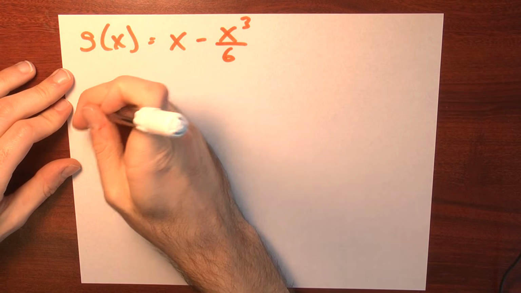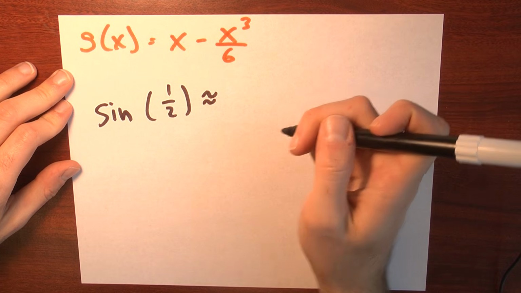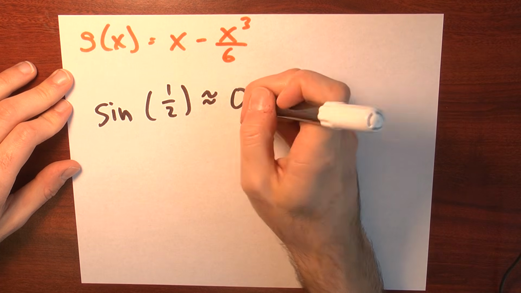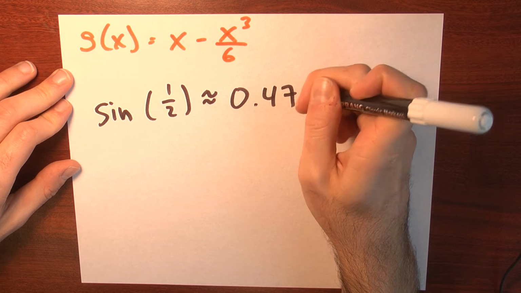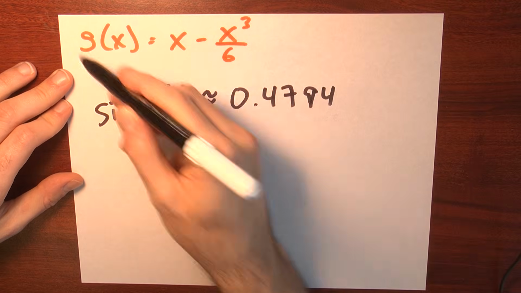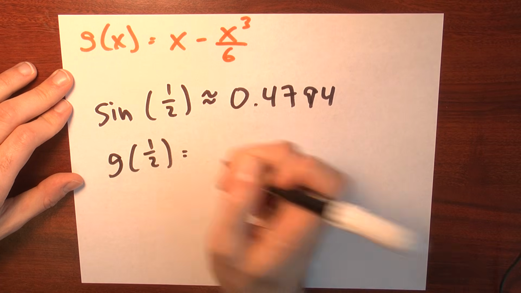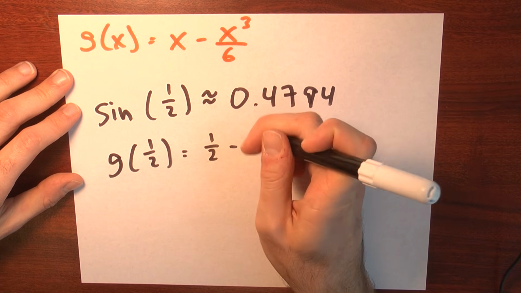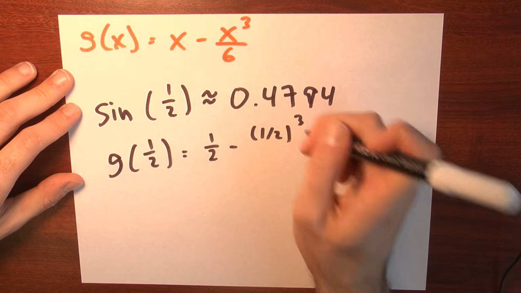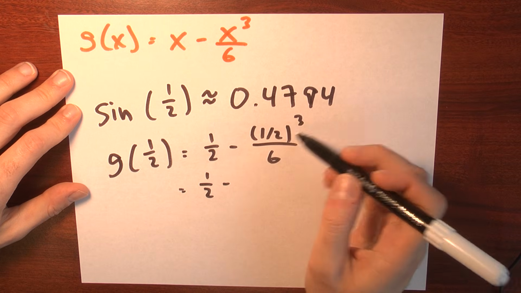Well, for example, sine of half a radian is approximately, to 4 decimal places, 0.4794. But what is this approximating function at 1/2? What's g of 1/2? Well, that's 1/2 minus 1/2 cubed over 6. Well, that's 1/2 minus, what is this?